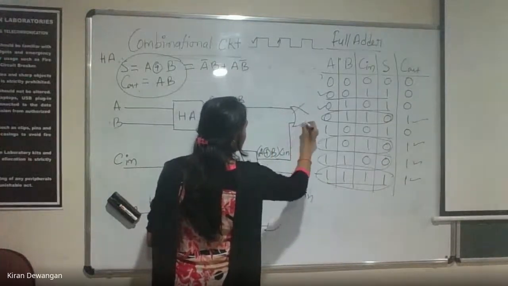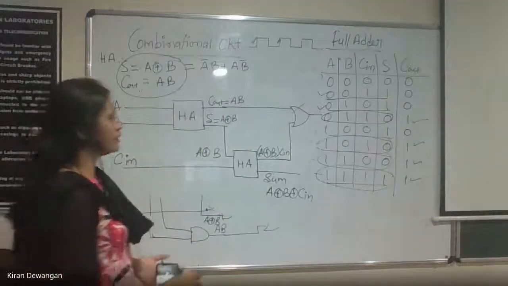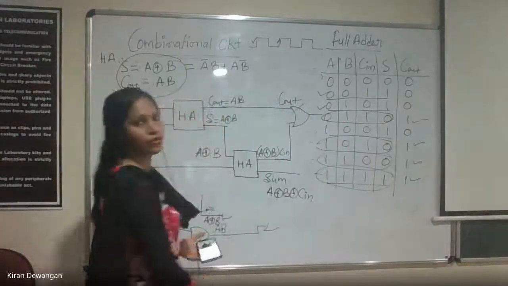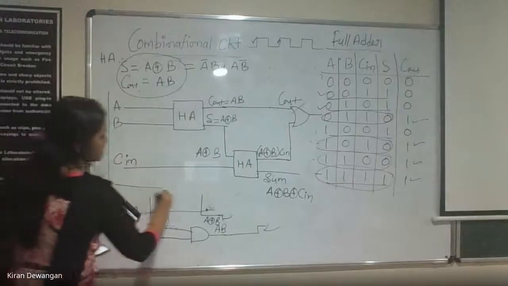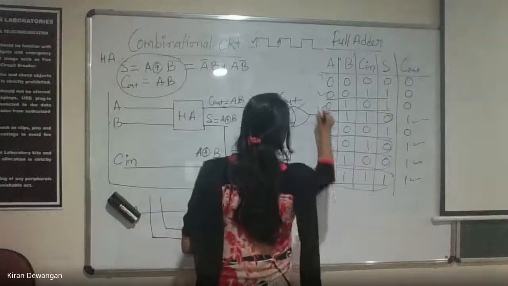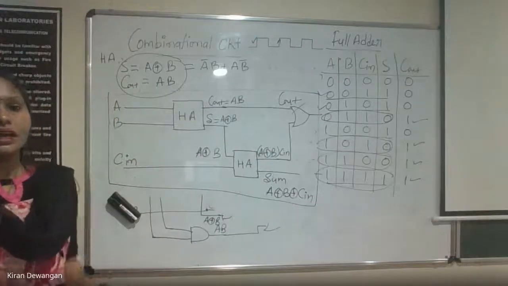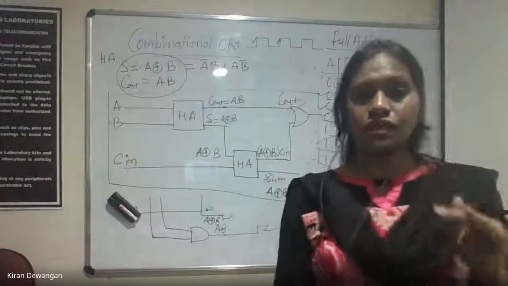I need to OR it. That's it. ठीक है, तो ये हमारा C out हो जाएगा, फाइनल C out of a full adder. Now this has been designed as a full adder. ये पूरा आपका full adder बन चुका है. Is this clear? The designing of a full adder using half adder.